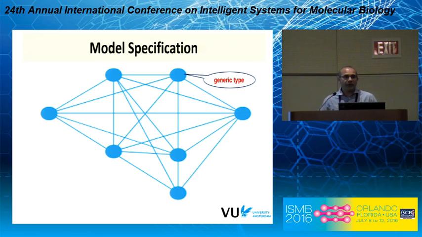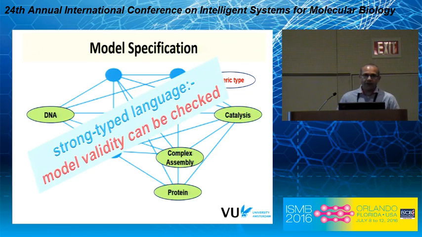And therefore, it is possible to almost connect every node to the other one without having any biological meaning. Therefore, it is desirable to have a strong typed specification language which provides distinguished biological types such as catalysis, complex assembly, protein, and so on. Why? Because in this way, it is easier to check the validity of the models and write models which are less error prone.